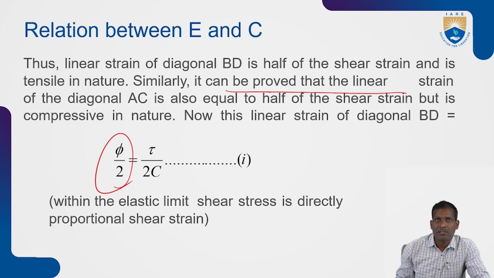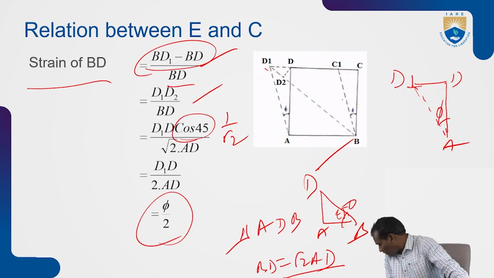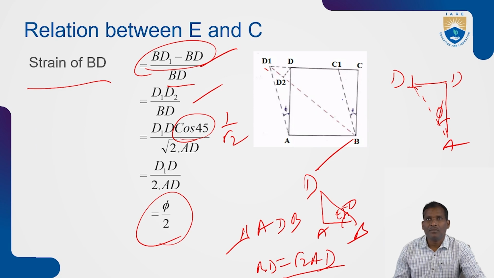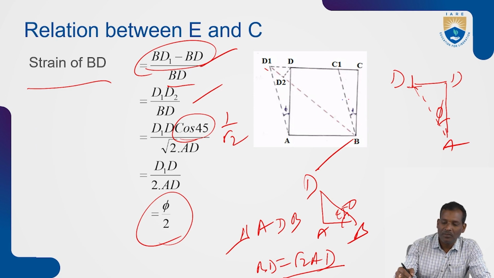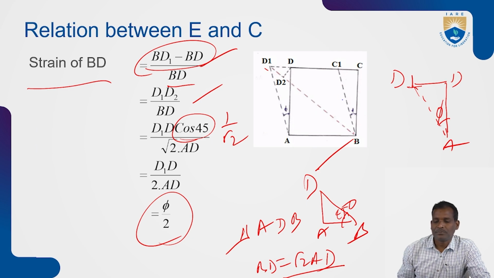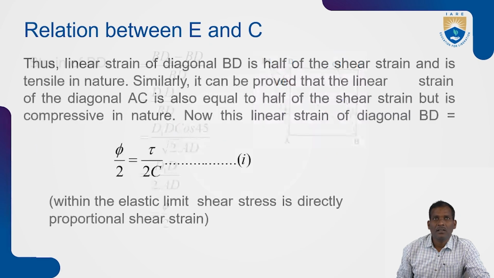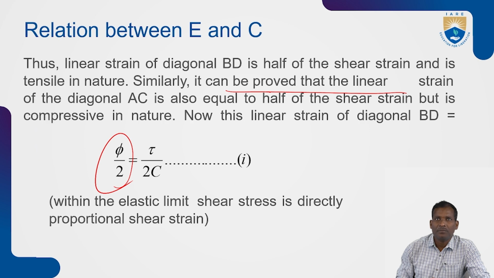In the second one, the strain of the diagonal AC is shortened. Take this CC1, and C1C by BC. Clear? So the strain of AC is also half of the shear strain, but is compressive in nature. Now this linear strain of diagonal BD, you can write as tau by 2C.